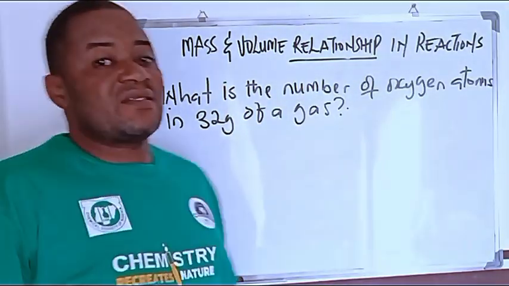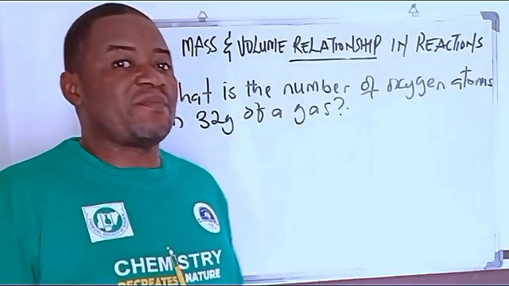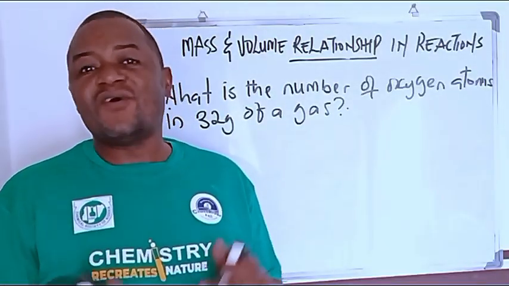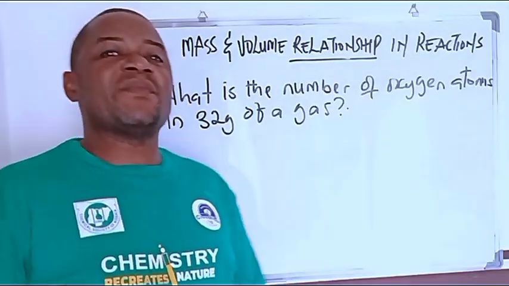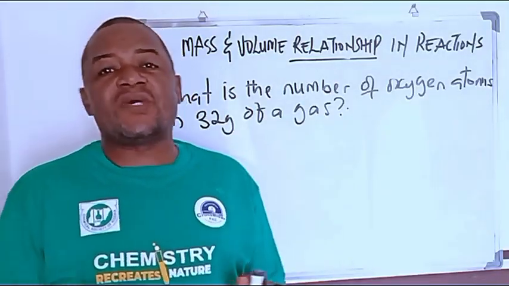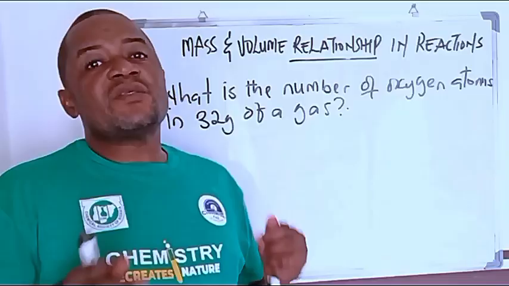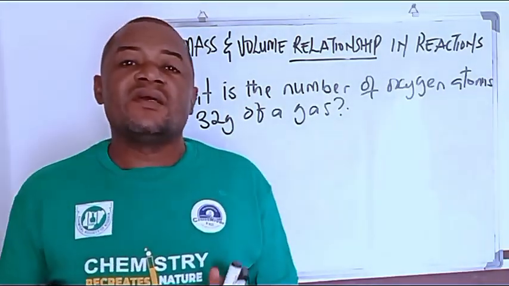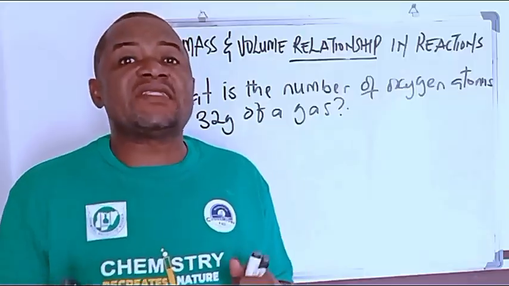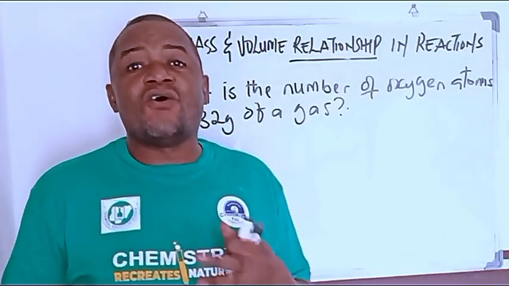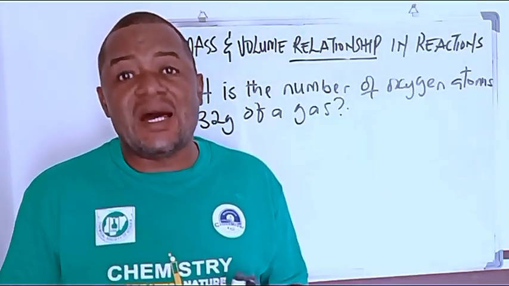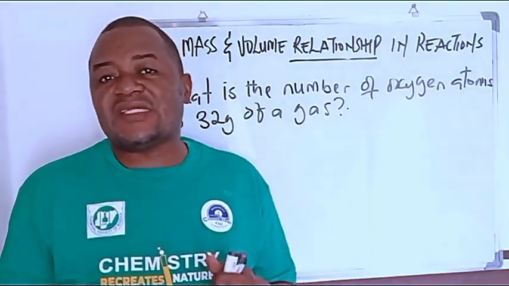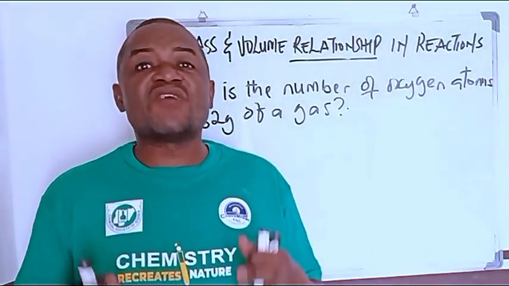Now remember, we have different states or forms of matter: matter is either a solid, a liquid, or a gas, and all of them have different ways you can identify them. But most importantly, you can identify them in terms of the mobility of the particles or their various atoms and molecules. For solids, we are made to understand that the particles are tightly and rigidly held.